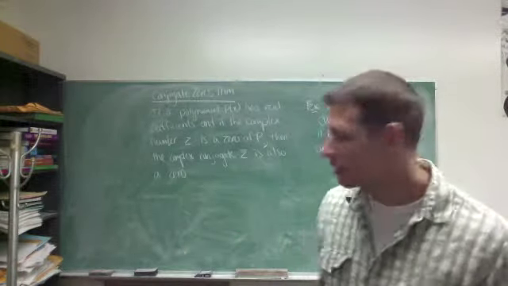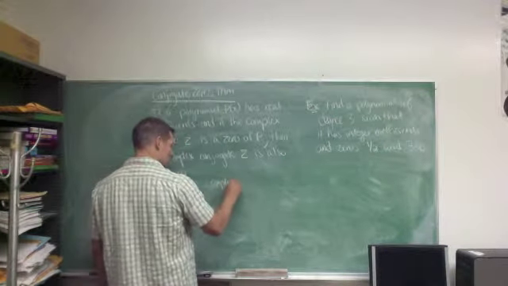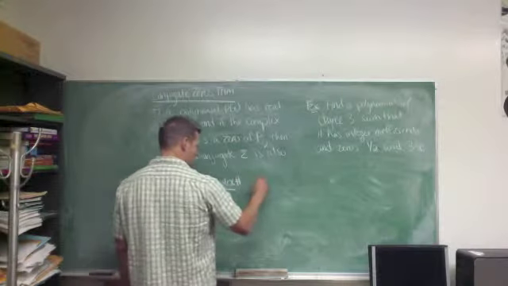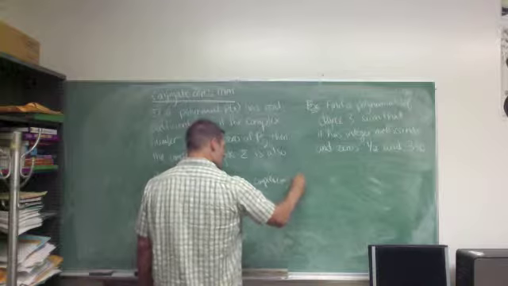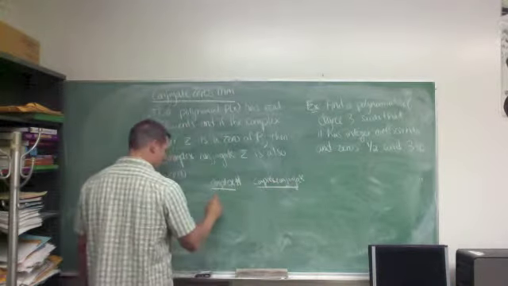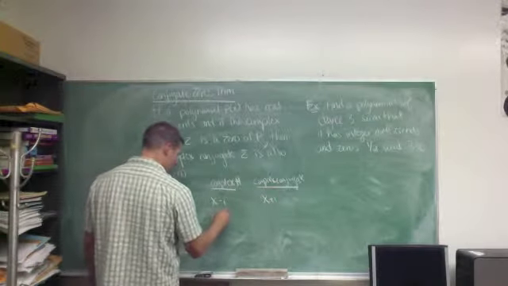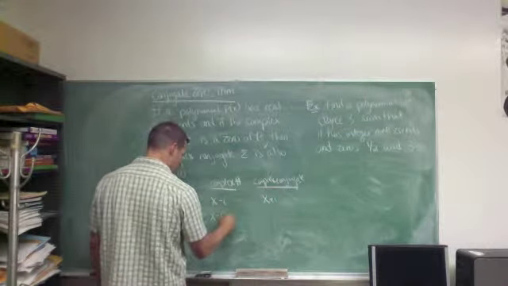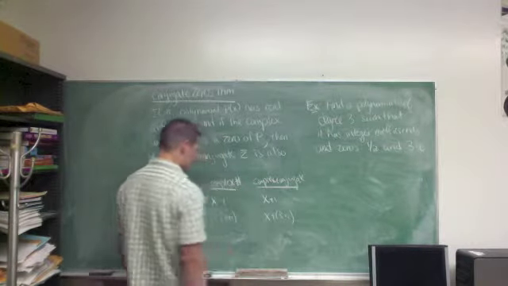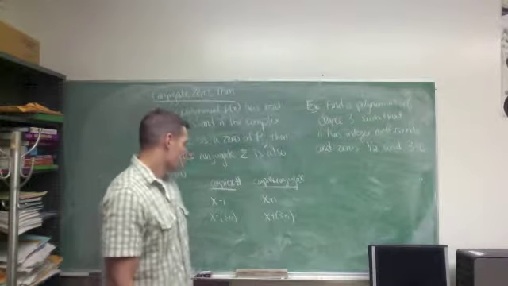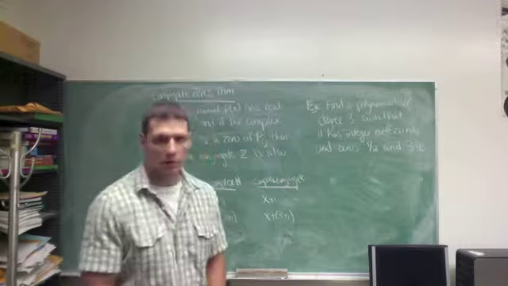So those are conjugates. If I have a complex number, this is its complex conjugate. So if I have x minus i, its complex conjugate is x plus i.